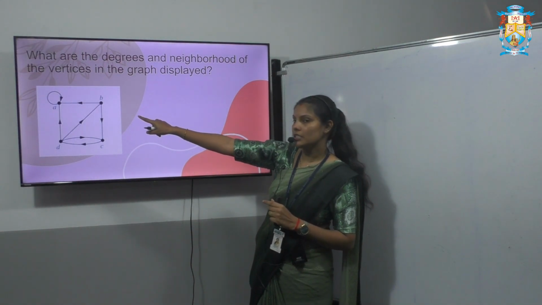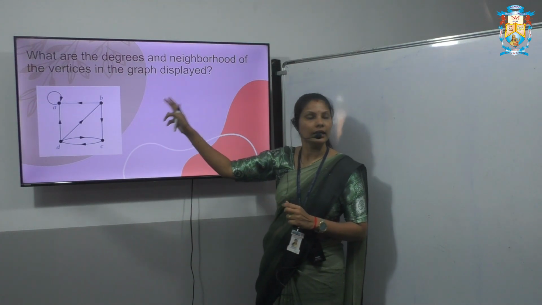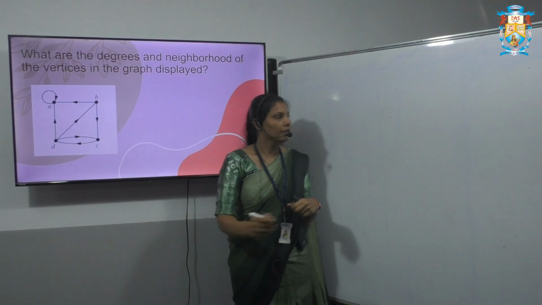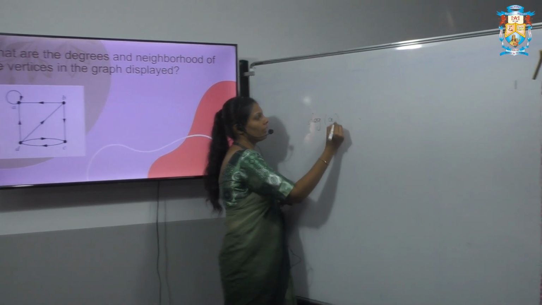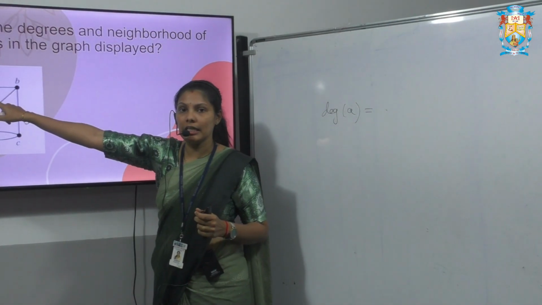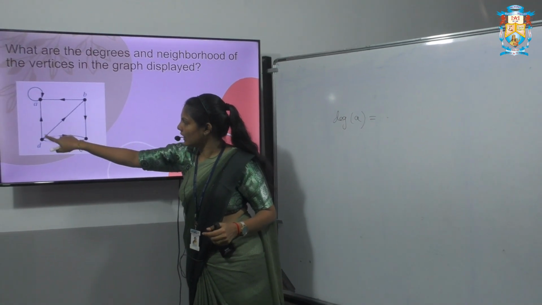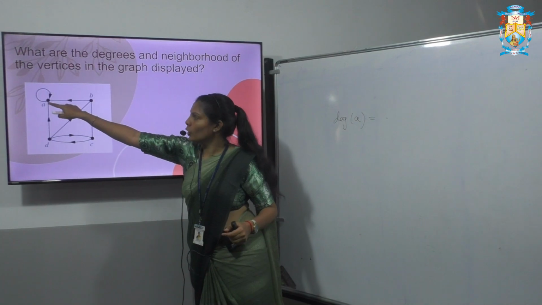Now we will see how we can find the degrees for that graph. I'll draw it on the board. The first is the degree of A. For the vertex A, we have to see how many edges are connected. You can see here the edge AD, the edge AB and the loop itself.